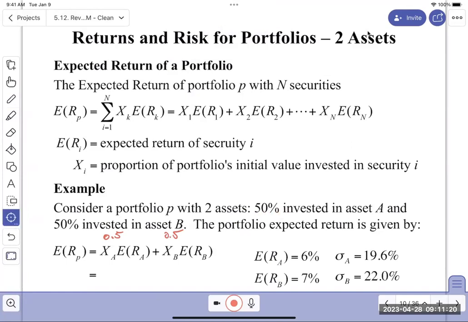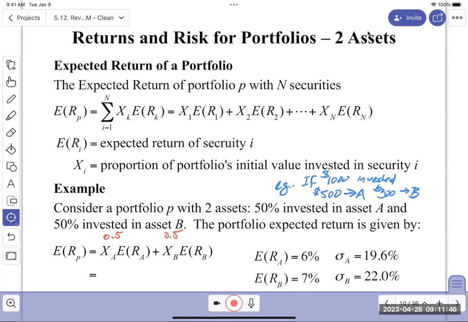And I explained that in class, if $1,000 is invested, 500 in A and 500 in B would be 50%, right?